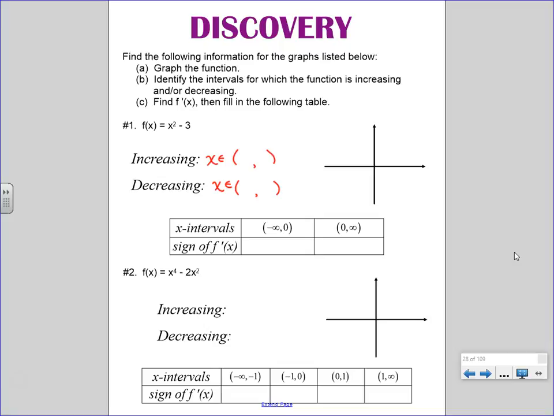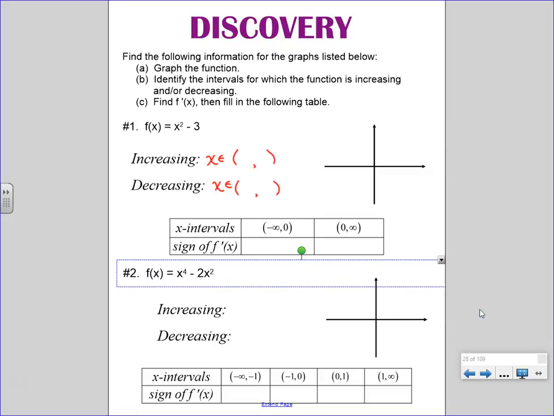First function, in case it got too small, x squared minus 3. Second function, x to the 4th minus 2x squared. I'll make it a little bit bigger in case that'll help. You got it? If you don't have a calculator, peek at someone's calculator in your group.